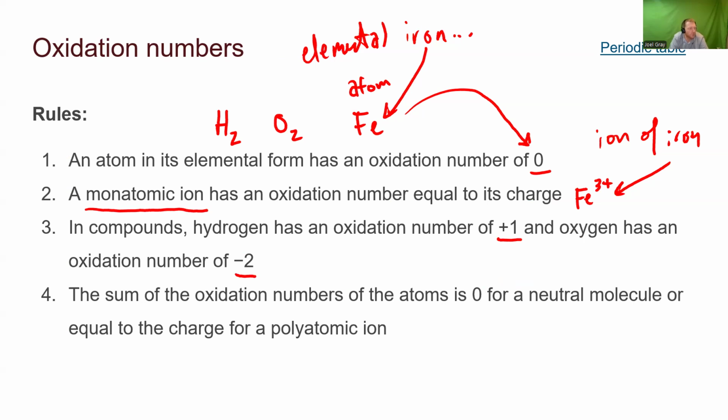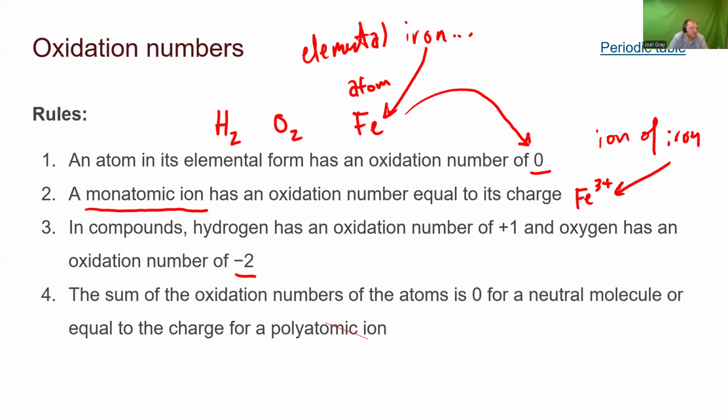Oxygen is -2. So then H2SO4, what's the charge of this hydrogen? +1. What about these oxygen? -2. Now, a fair question as a follow-up is, well, there's 4 of them. Does that matter? It does. And we're going to get to that in just a moment.